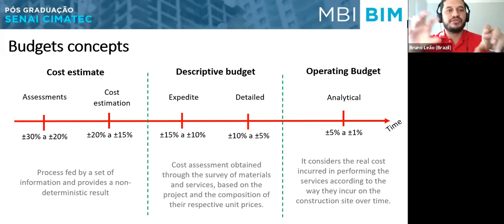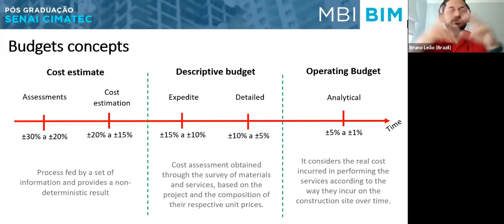And the kind of information in each of these stages is related to some kind of information. When you have cost estimation, the process is fed by a set of information and provides a non-deterministic result.